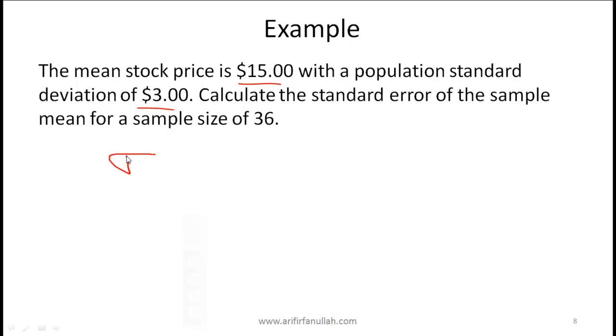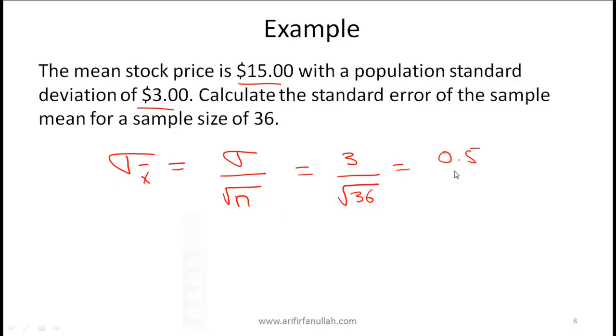The standard error of the sample mean, denoted by this, is equal to sigma, which is the standard deviation of the population, divided by square root of n. The standard deviation of the population is given as 3, divided by square root of n, which is square root of 36. So we have 3 over 6, which is equal to 0.5. So this is the standard error of the sample mean.